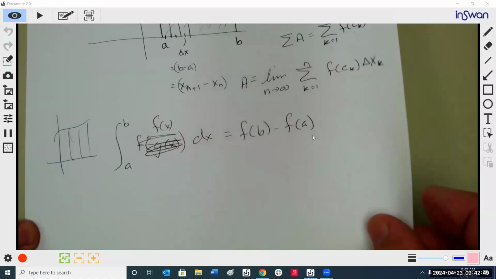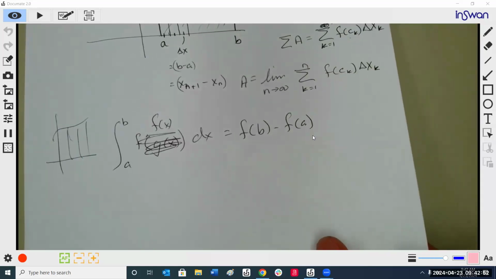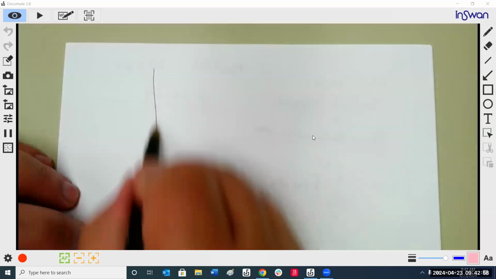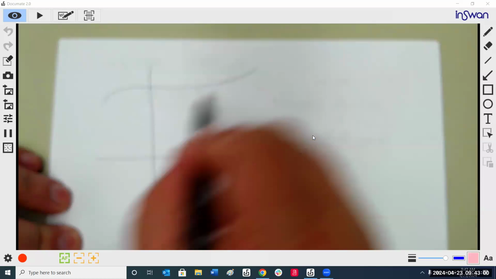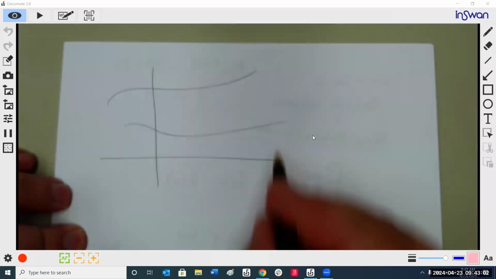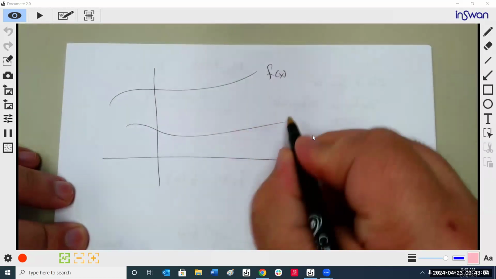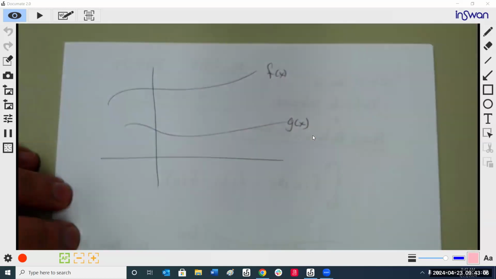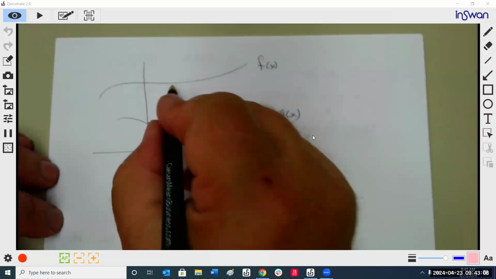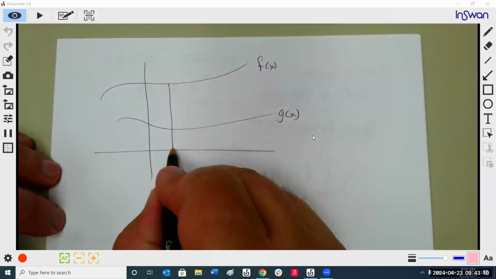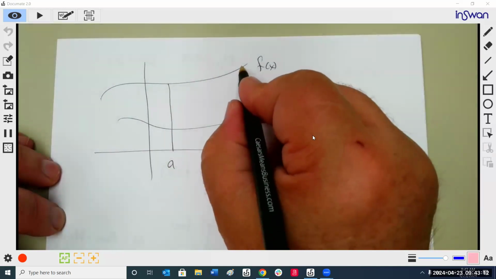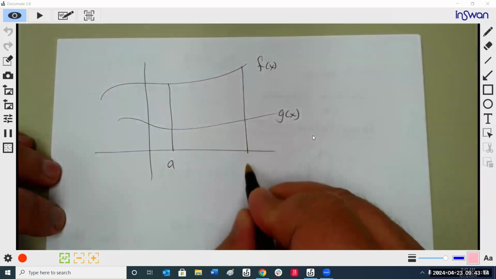What if we had two functions and we want to know the area between them? This is f of x, and this is g of x. This is a, and this is b.